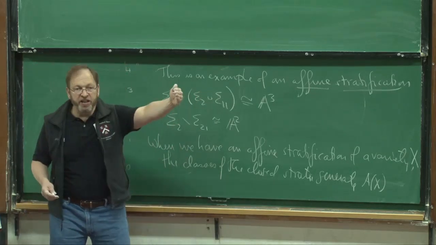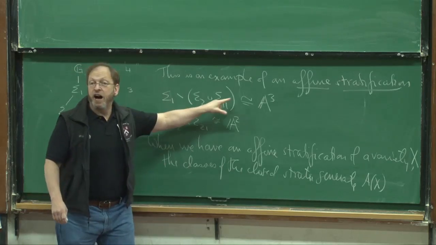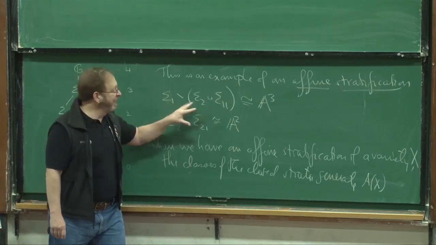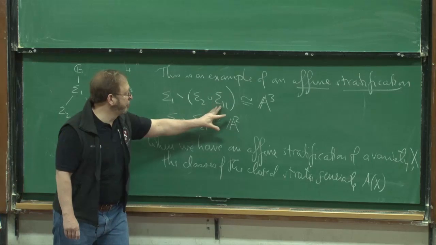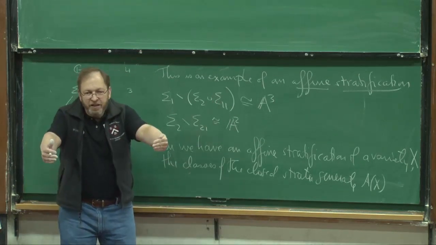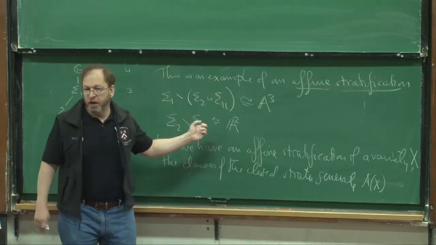When T goes to infinity, we don't know what we get, but it's supported on the complement to this A3 in sigma 1. So it's a linear combination sitting inside sigma 2 union sigma 1,1. In this way, we can keep pushing it out until it's actually equal to a linear combination of these strata.